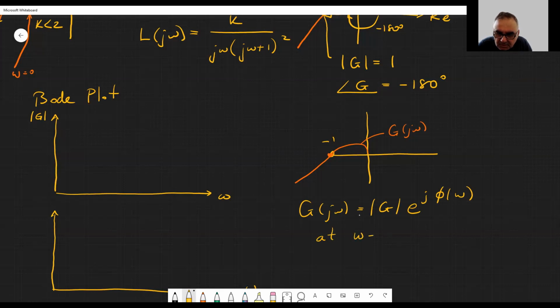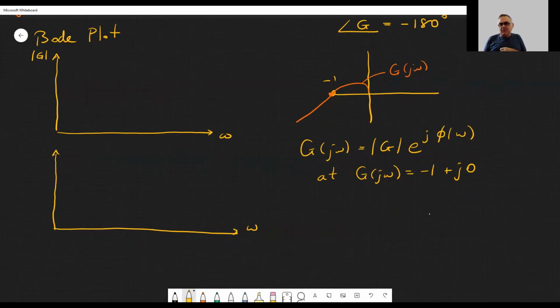When g of j omega is exactly equal to -1 plus j0, if it somehow is exactly equal to that, what is the magnitude and what is the phase of the transfer function?